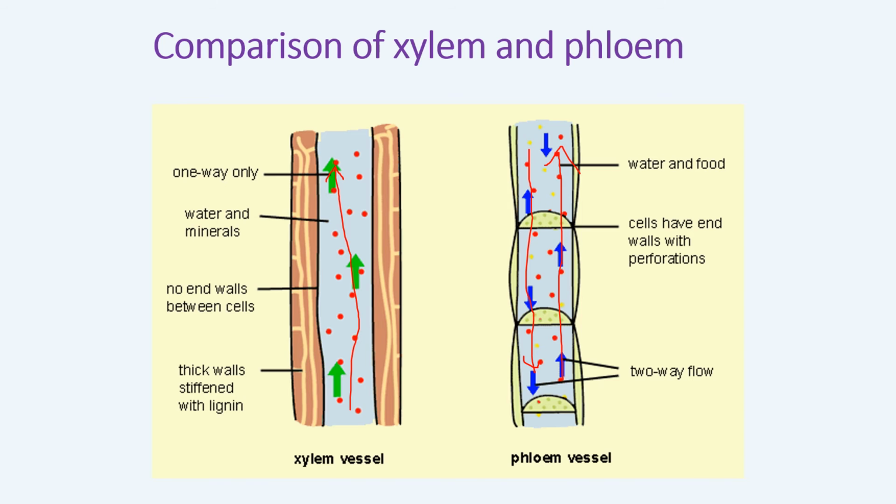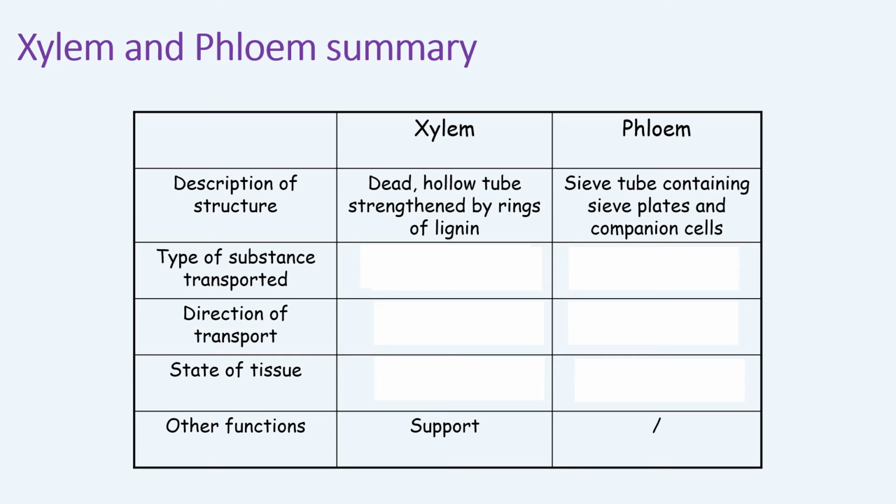You've got a thickened wall stiffened with rings of lignin for your xylem vessel. Your phloem is made up of your companion cell and your sieve tube and sieve plate. And it's got little sieves, so little holes in it to allow the sugars to get through. So pause the video and try to fill out the differences and comparison of the xylem and phloem before I go over the answer.